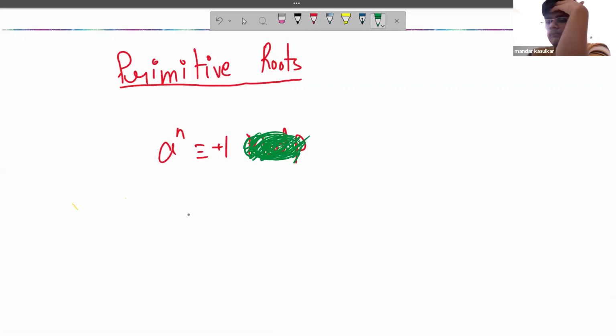So if some of you do end up studying higher maths, what you will see is that a raised to the power n congruent to 1 modulo p are actually similar to the pth primitive roots of unity.